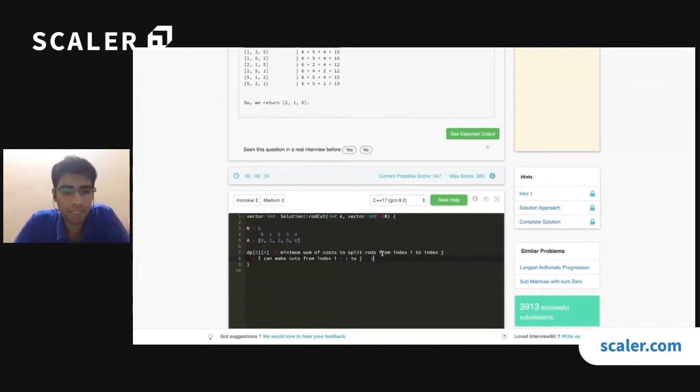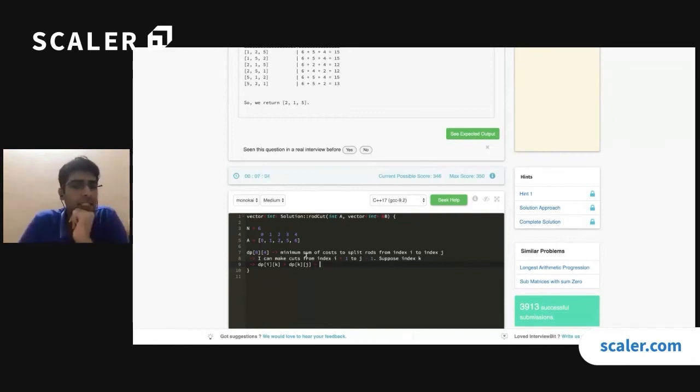Suppose that particular index is k. Then after this, the problem will reduce to dp of i to k, because I have already made a cut at k, plus dp of k to j, plus what is the current length of that, right?